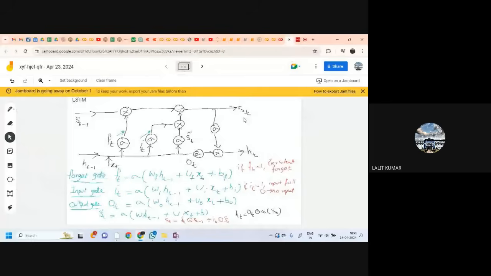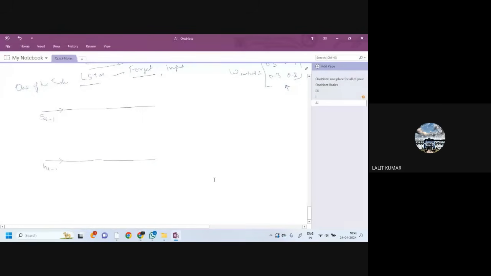Okay, this is the diagram. ST minus 1 is coming from the previous layer, HT minus 1 is coming from the previous layer, and XT we are giving from the down input. At time step T we are getting XT.